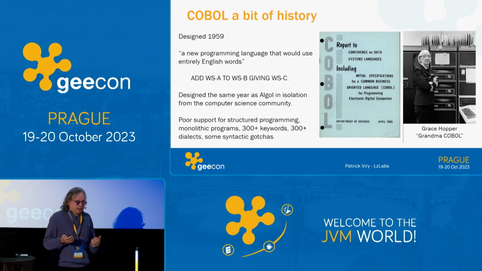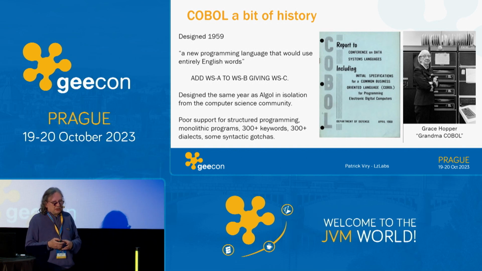So the result is a language that has a very poor support for structured programming. The programs tend to be very monolithic. There are lots of keywords, lots of dialects, and there are some, I will show you some funny gotchas.